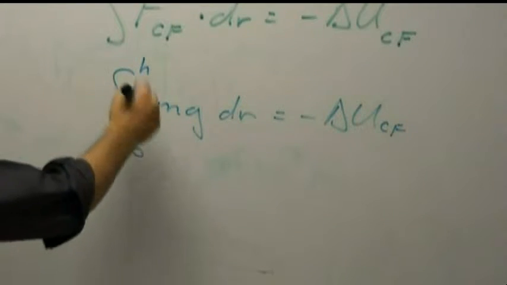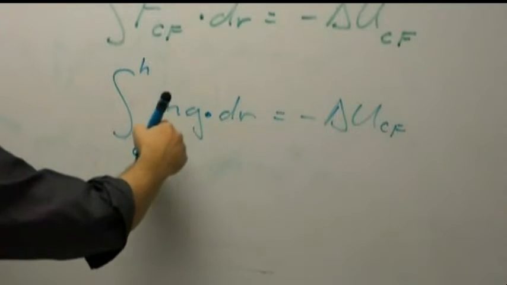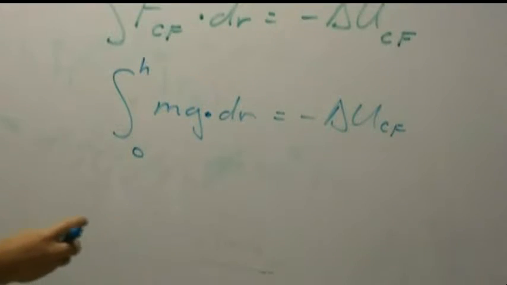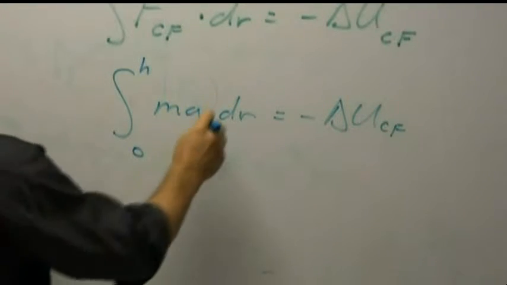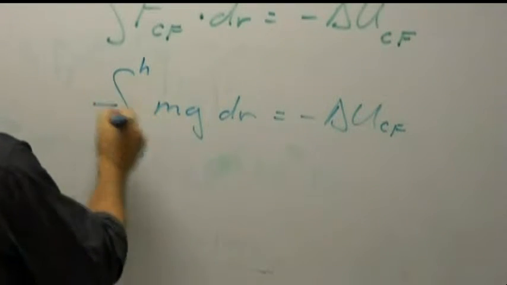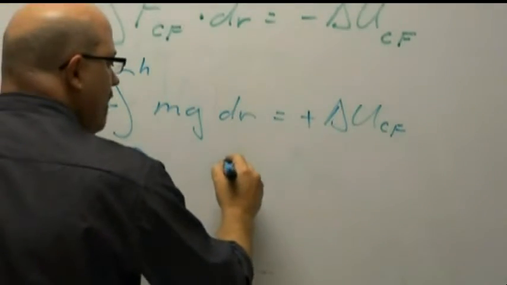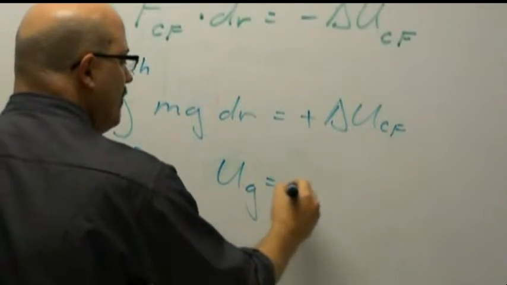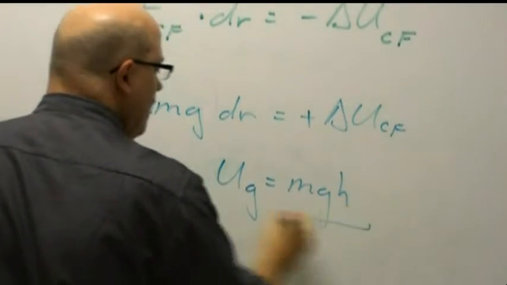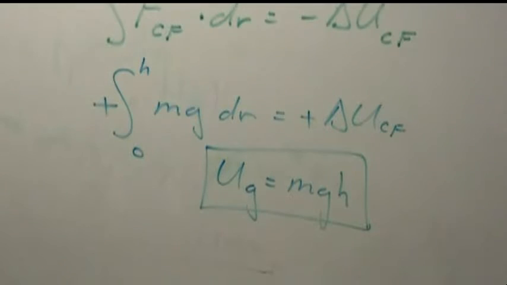Down. So I got mg dot dr. What does that become? Negative. The dot product gives me a negative, right? And so the negatives go away. That means my gravitational potential energy is mgh. Ta-da! That was easy.